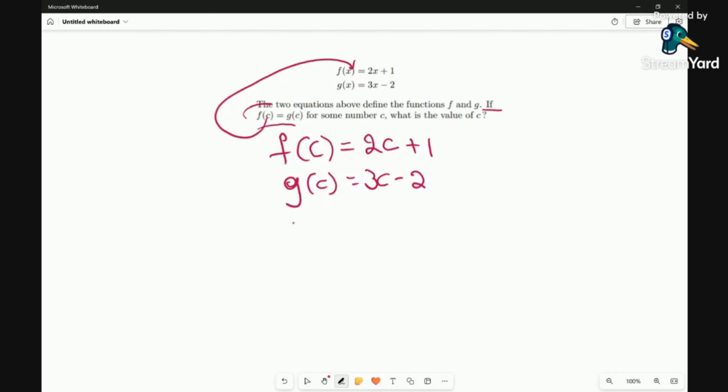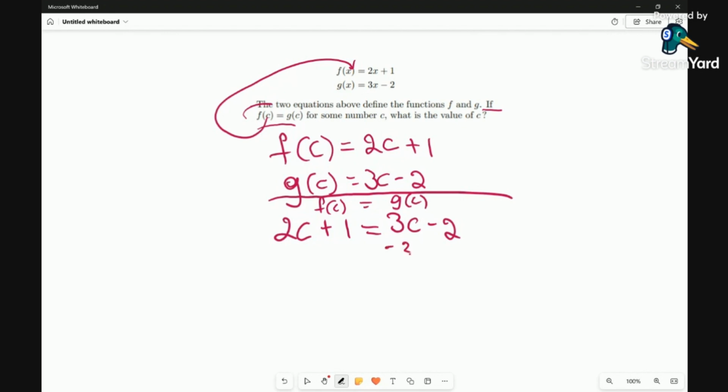Now, they're saying if they're equal, what is the value of c? So we're going to plug these two in. You have 2c plus 1 is equal to 3c minus 2, right? Remember, this is f of c is equal to g of c. That's what the question says. So now from here we just solve, and typically you'll put your variables on one side.